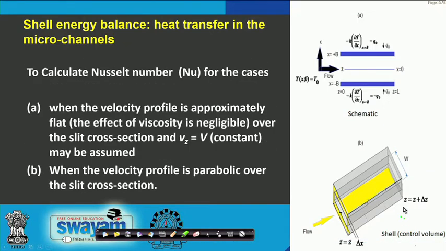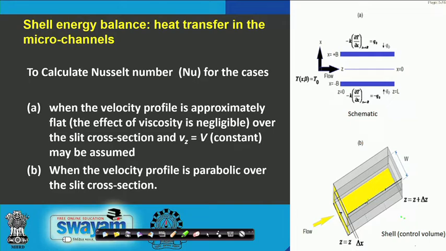Okay. So, here we see that we can calculate the Nusselt number for this particular example for different cases. Two cases we have considered. One case is when the velocity is constant throughout the channel cross section, which is called potential flow, or there is no viscosity effect.